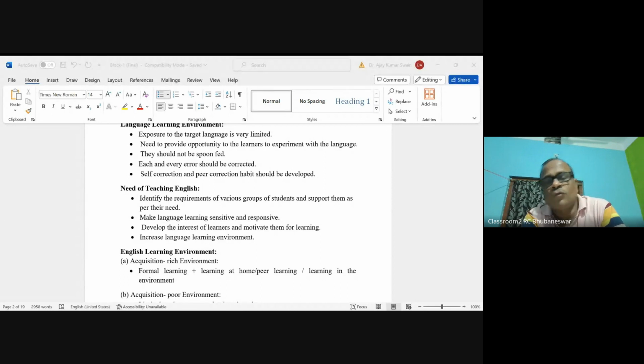In our school, you and I also, we are the outcome of our government schools. The mother tongue medium of instruction is Odia. In our school, the teachers who are taking care of the English language are not interested and not careful about giving optimum exposure to the learners in the target language.